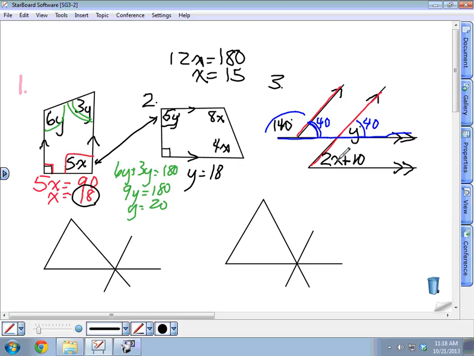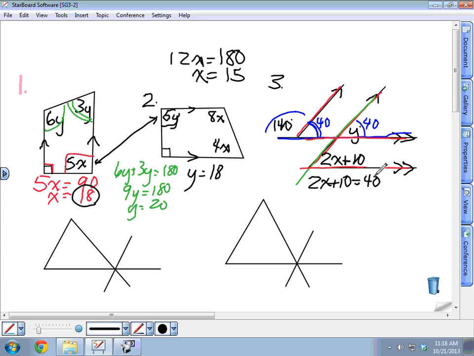Because when you think about it, there's your transversal, okay, and here are your parallel lines now. So 40 and 2x plus 10 are equal. Yes? On mine, I did 2x plus 10 plus 140 is equal to 180.